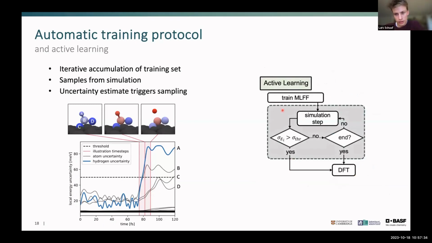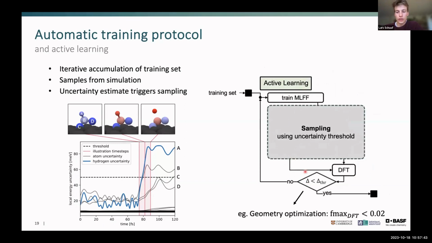So now we have a way of obtaining new configurations. We run DFT and retrain the machine learned force field. And then on top of that, we also add another criterion. To make this whole thing completely automatic, we also need to know when we stop sampling, when are we happy with our potential. What we can do is look at the sampled configuration when our machine learning method has finished and add some requirements on that.